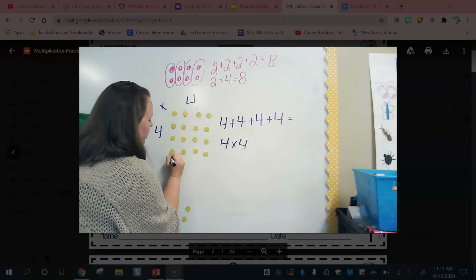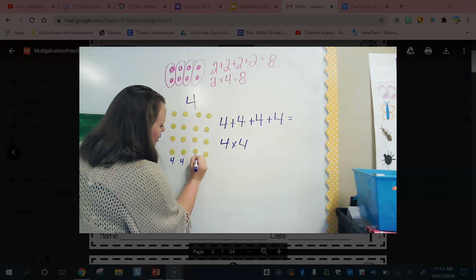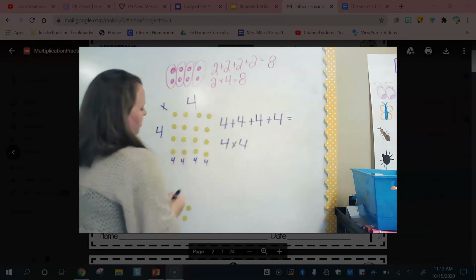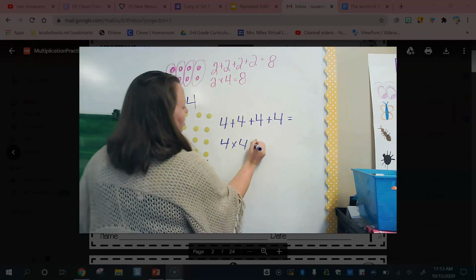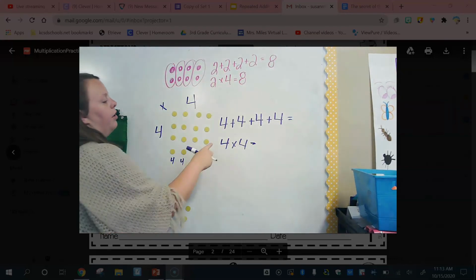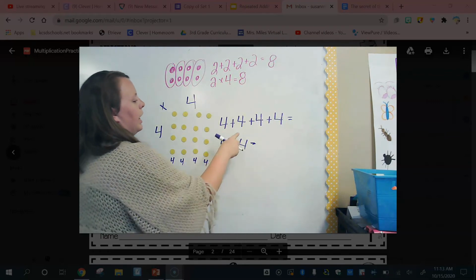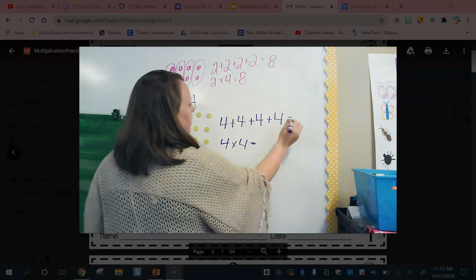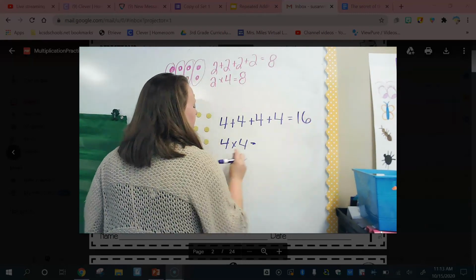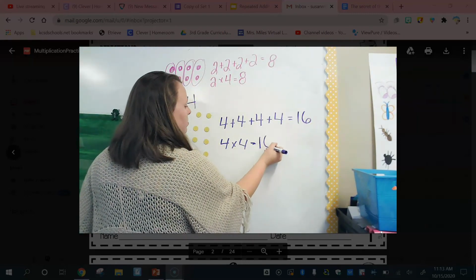The way I did repeated addition, I just said I'm going to add this one, this one, this one, and this one. That should match perfectly because there's 4 in each column. So let's count by 4. 4, 8, 12, 16. And 4 times 4 does equal 16.